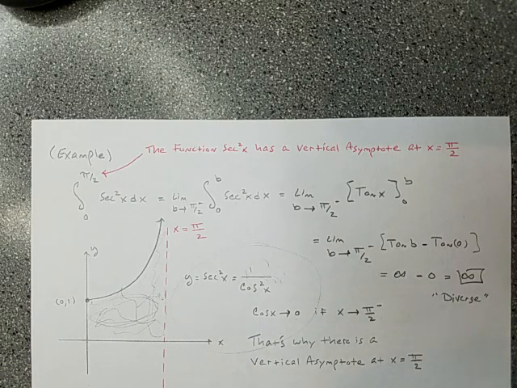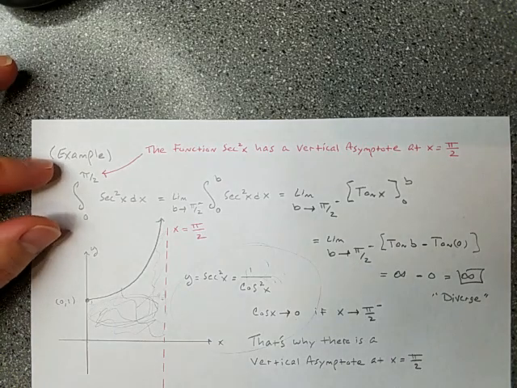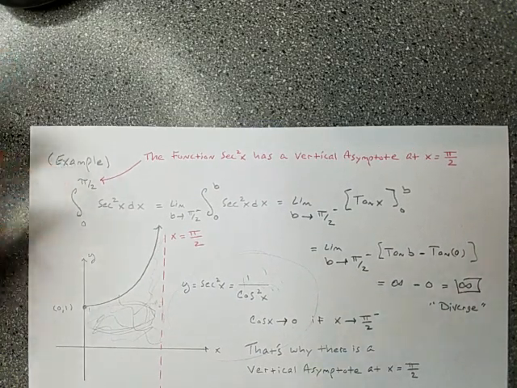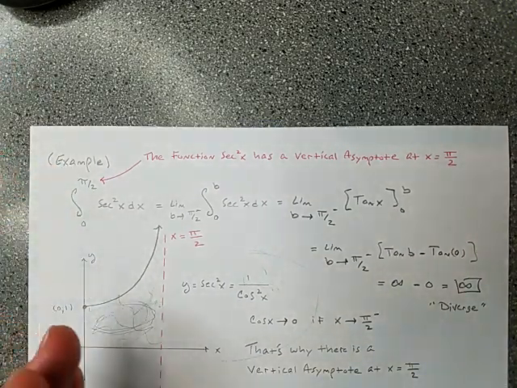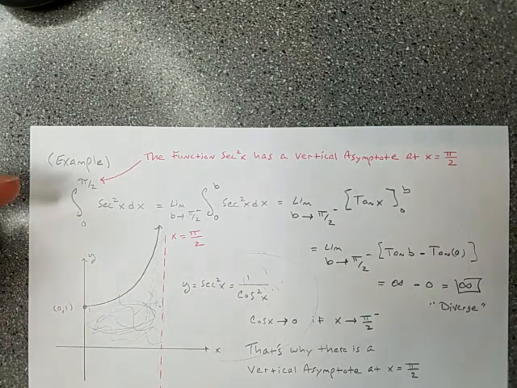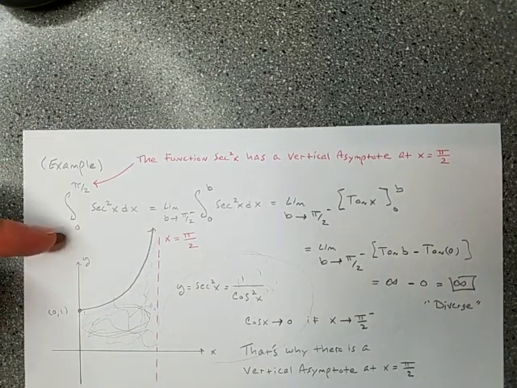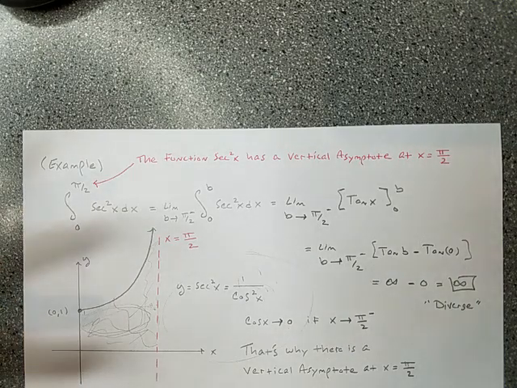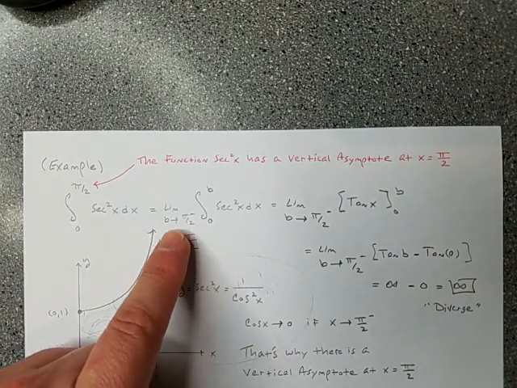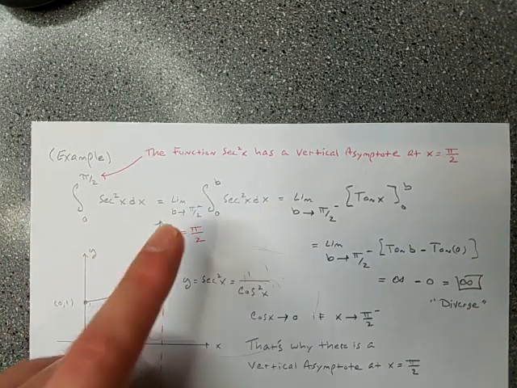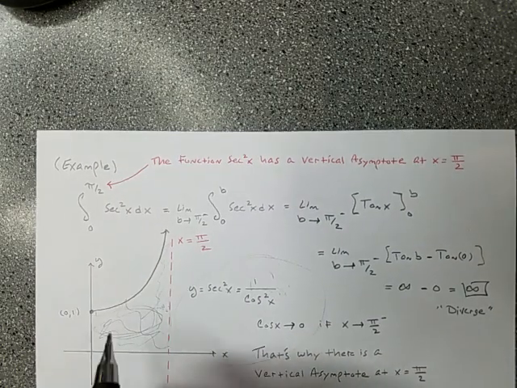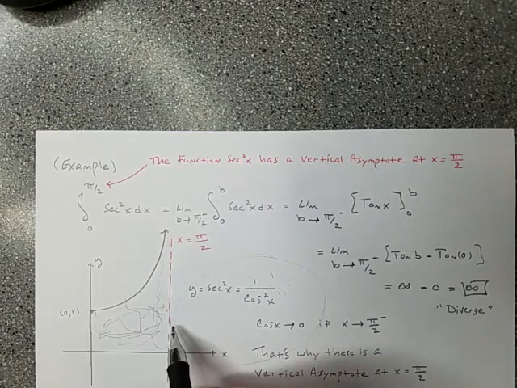Now, as you look at these problems, there are several things that I want you to think about. One, when you're presented with the integral, do you have a rough understanding of the graph and which of the numbers there's going to be a vertical asymptote at? First thing to understand. Second thing, do you see how the limit comes into play? I can't really measure the area from 0 to pi over 2 because there's nothing at pi over 2.